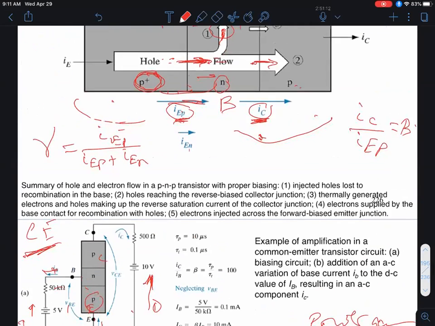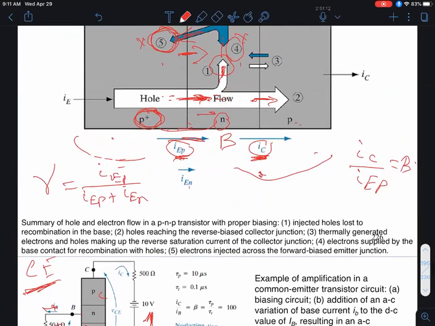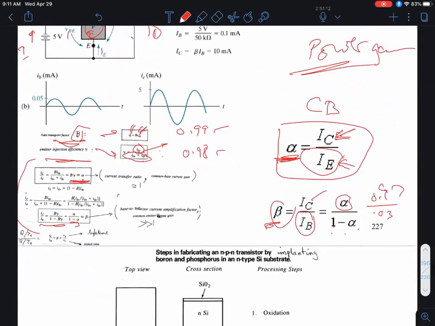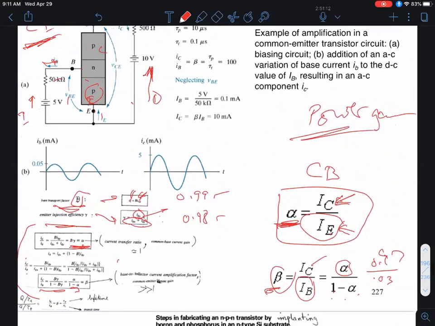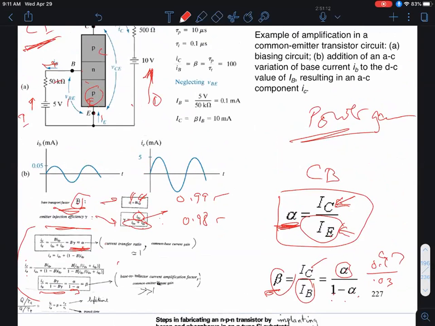And we just saw that that ratio has to be less than 1, right? In fact, that ratio called alpha is found to be the product of B, the base transport factor, times gamma, the emitter injection efficiency. Okay, how do you get that? Well, let's start with the definitions of base transport factor and gamma, and the rest is very simple algebra.